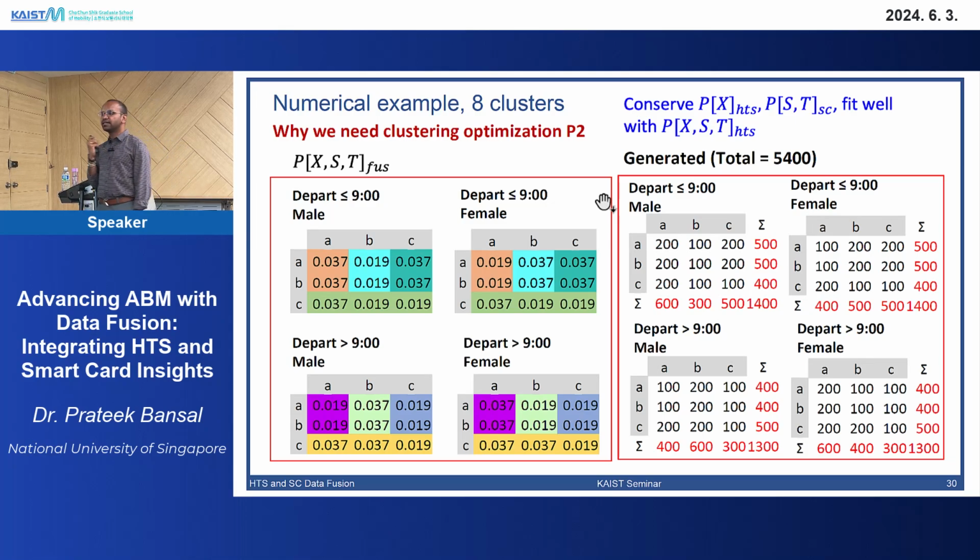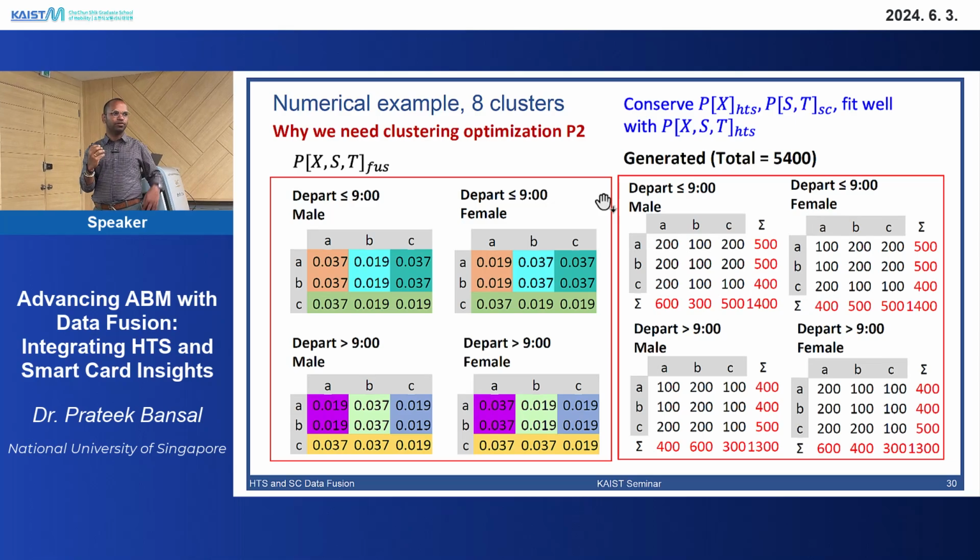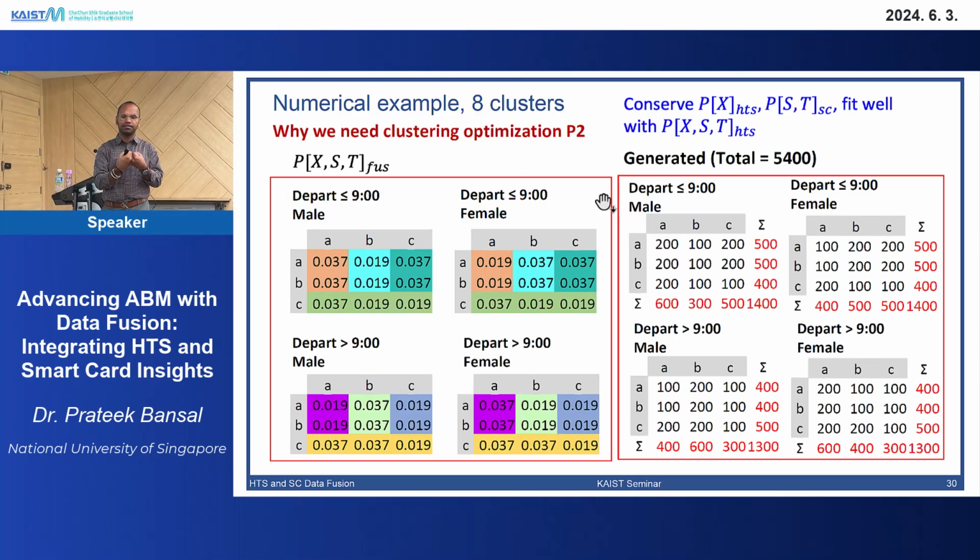That's important to really do the matching between these two data sets. We cannot make it perfect, it's impossible because you're maintaining the S and T distribution. So you cannot make this mapping perfect, but you still want it to be closer to your fused distribution.